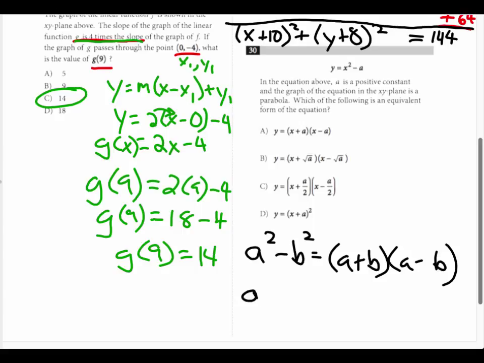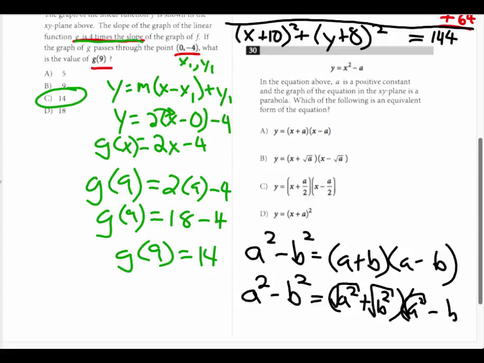You could think of a squared minus b squared as a squared, take the square root of that, plus b squared, take the square root of that, times a squared, take the square root of that, minus b squared, take the square root of that. Those two are the same thing. So really my answer is B, because we're just going to take the square root of A.